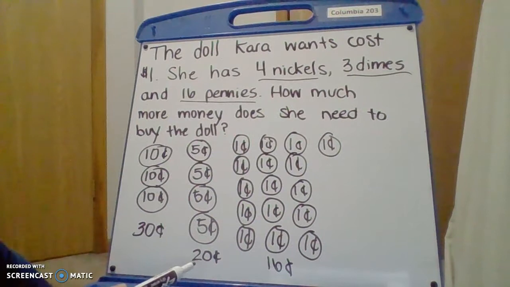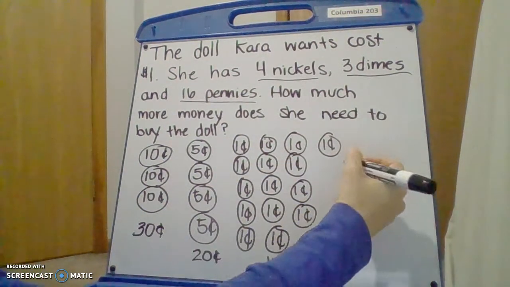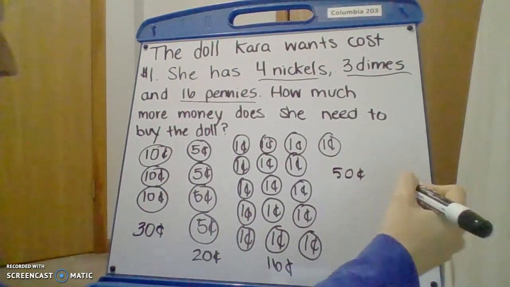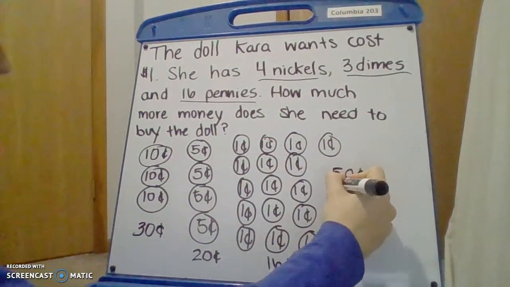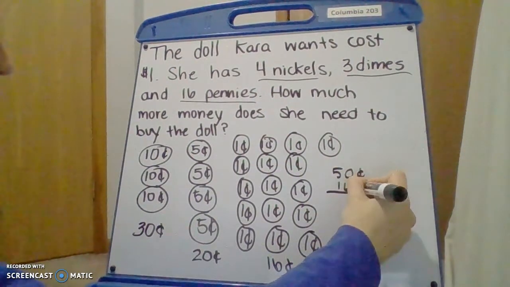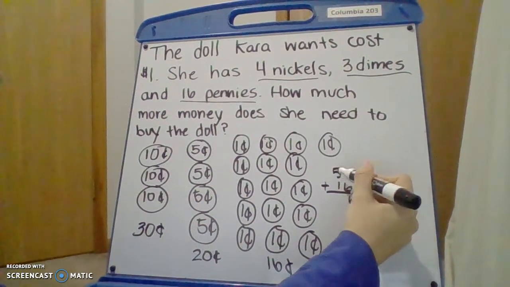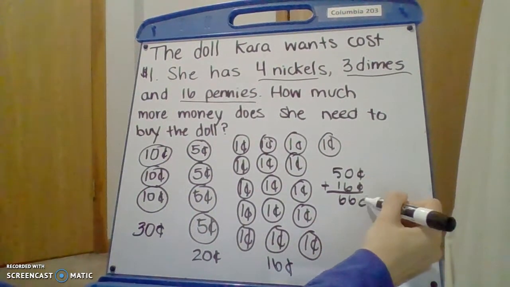So we do 30 plus 20. So you can set it up vertically if you want. 30 plus 20, I'm going to write it over here, is going to give you 50 cents. Then you're going to add your 16 cents to 50. 0 plus 6 is 6. 5 plus 1 is 6. So you have 66 cents right now.